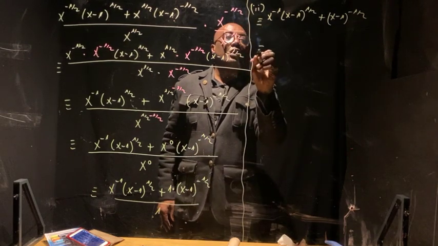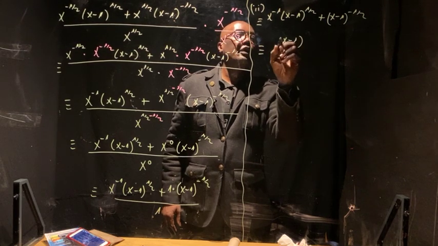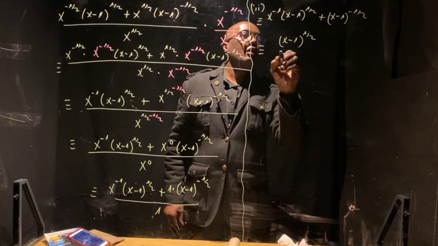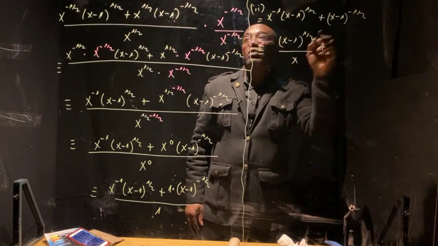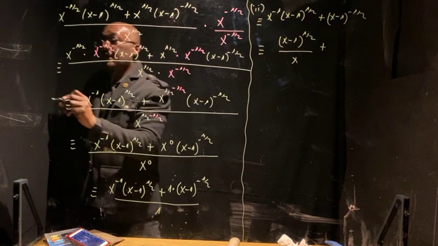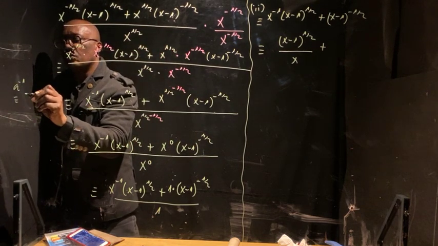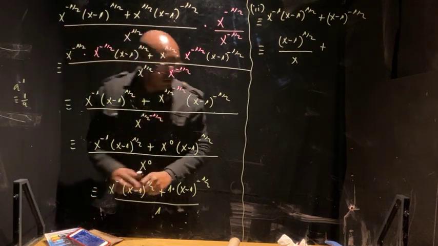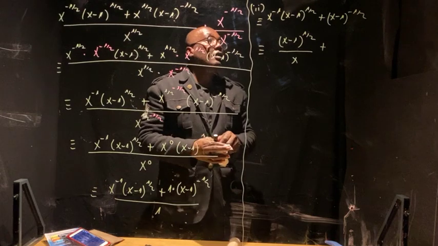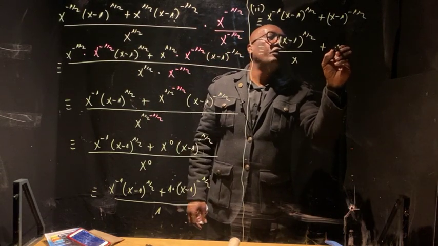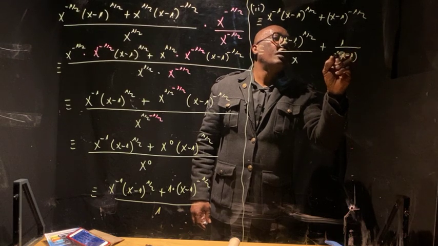This one can also be expressed as x minus 1 raised to the power half over x, plus this one. Remember, I said that a raised to the power negative 1 is equals to 1 over a. So this one is no different from 1 over x minus 1 half.